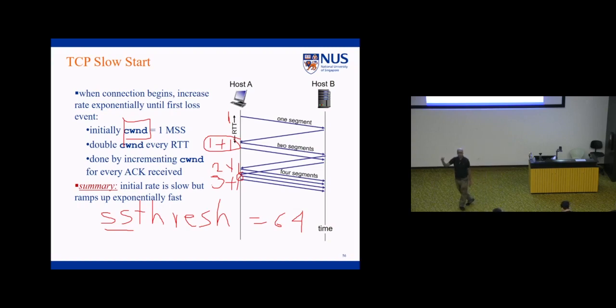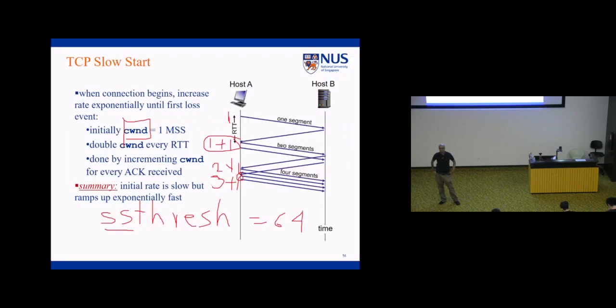This doubling only happens till your congestion window is less than this threshold. Once your congestion window hits this threshold, you cannot double anymore. You should increase linearly now. Right? And we will see how this slow start threshold also keeps changing with time. It's not constant all the time, and we will see that. All right.